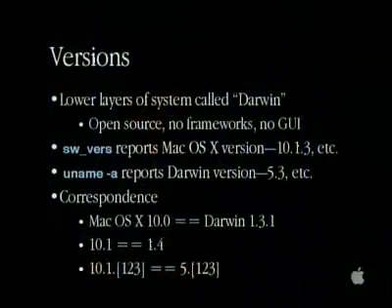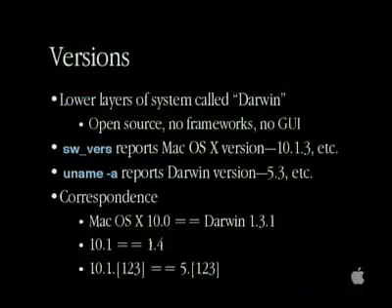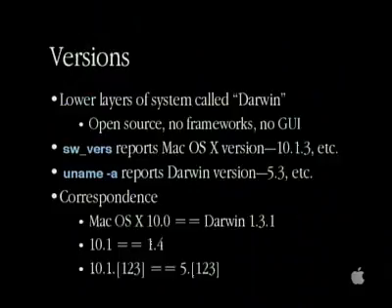Mac OS X 10.0 is Darwin 1.3.1, 10.1 is 1.4, and then for reasons that seemed good at the time, and they still seem good, we bumped the numbers so that the software update to 10.1.1 changed the Darwin version number to 5.1. There were a few people surprised by that, let me tell you. Not often you get a major version number change by doing a software update.